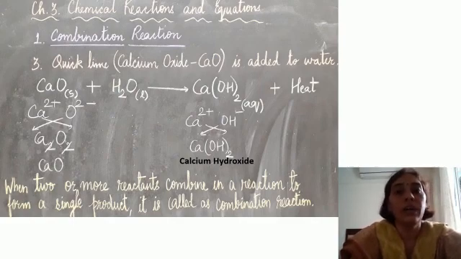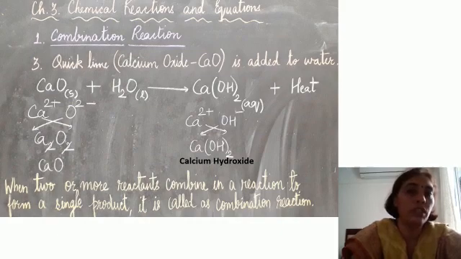This calcium hydroxide gradually further reacts with the atmospheric carbon dioxide and forms calcium carbonate, which makes our walls shiny and smooth. So this is one everyday example that we take of combination reaction, that is for whitewashing the walls.